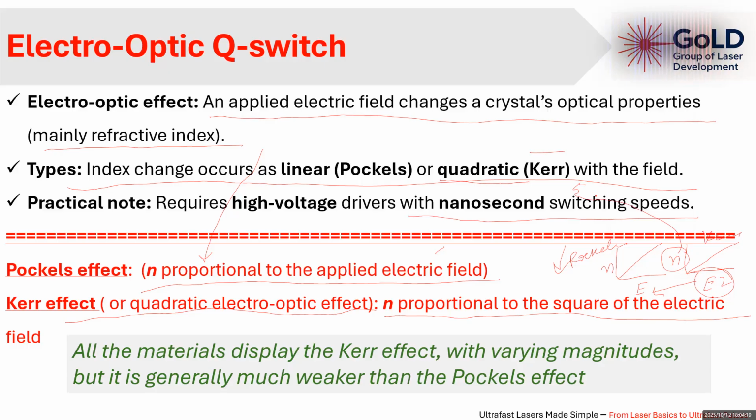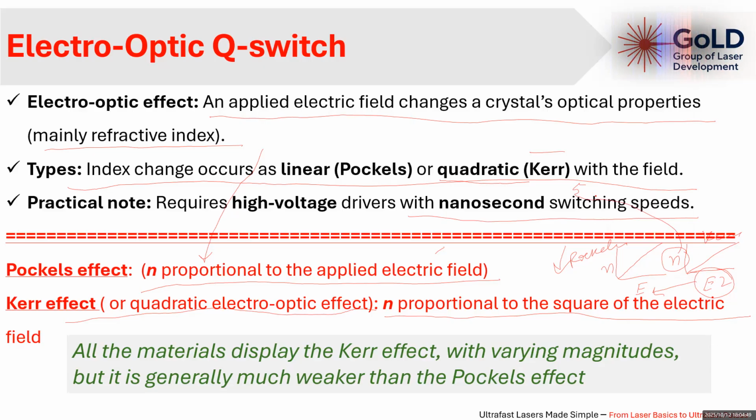At the end of this slide, you can see a small box. What is written there? That all materials can show the Kerr effect, but they need a very, very high electric field. In the case of the Pockels effect, we don't need a very high electric field. But the Kerr effect also has some other advantages.